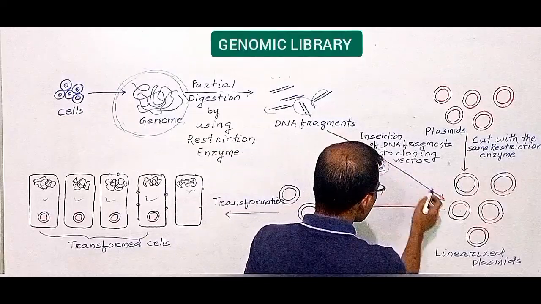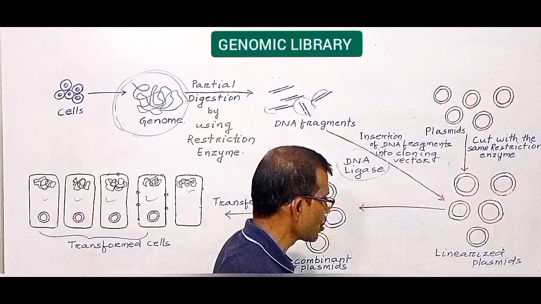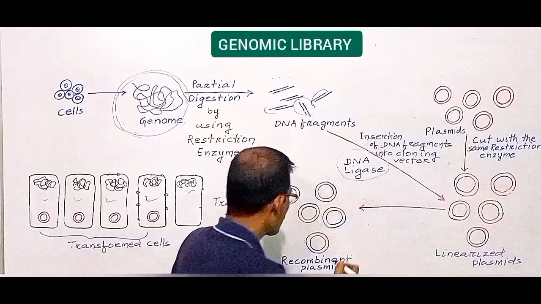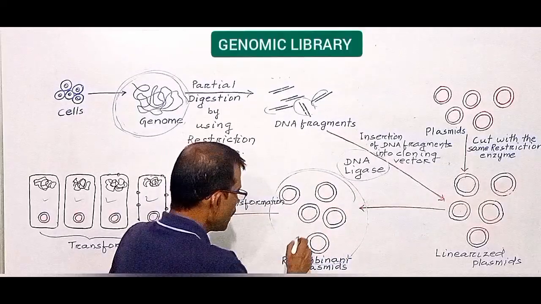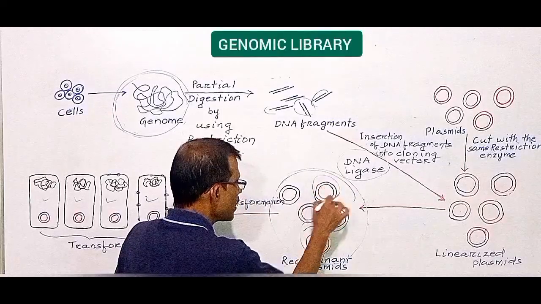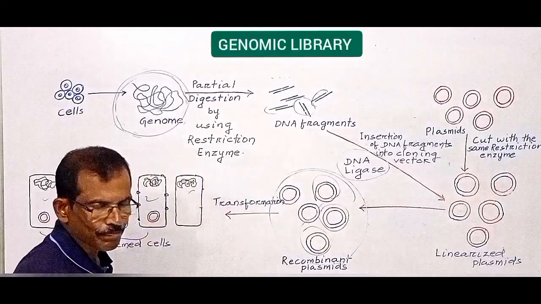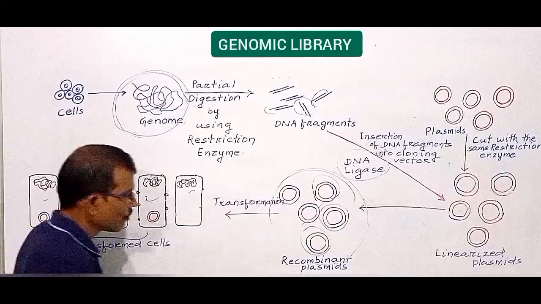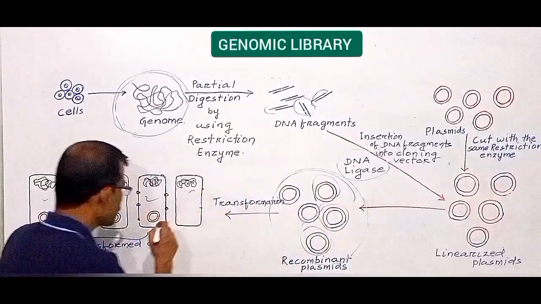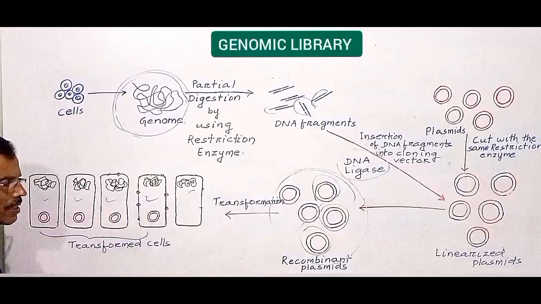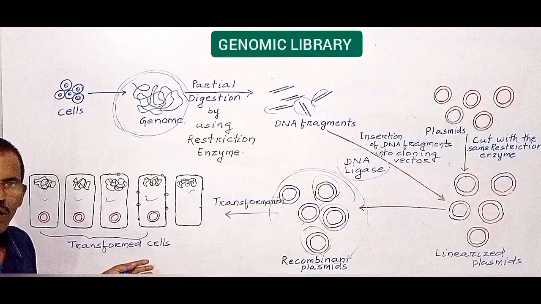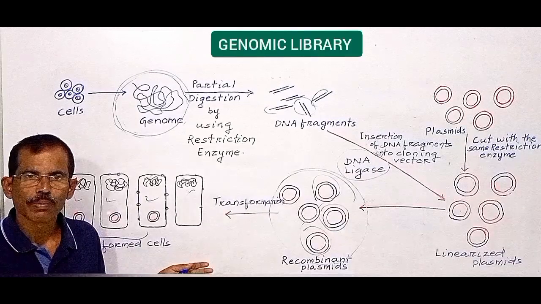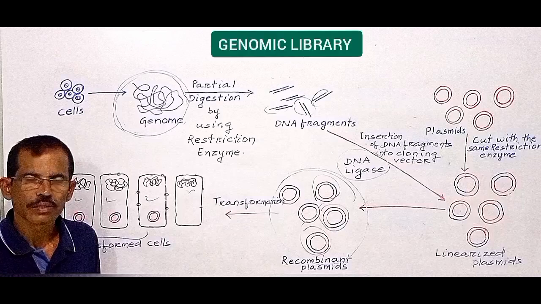This process, known as insertion or ligation, results in the formation of a pool of recombinant vectors, each of which contain a different DNA fragment. In last step, these recombinant vectors are introduced into E. coli cells through transformation, creating genomic library. Now let us discuss about the construction of genomic library in greater details.